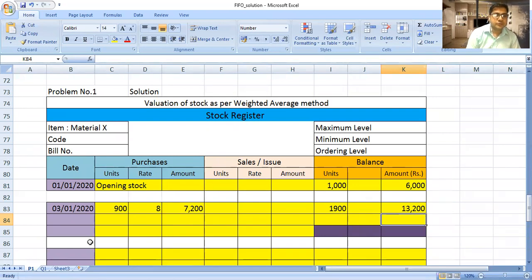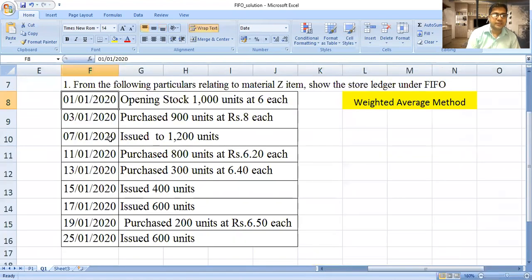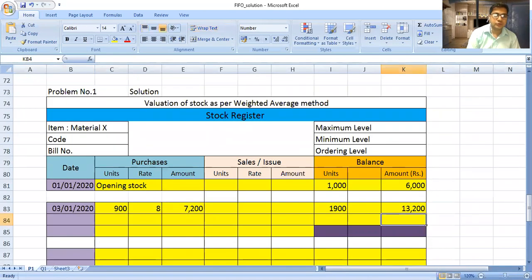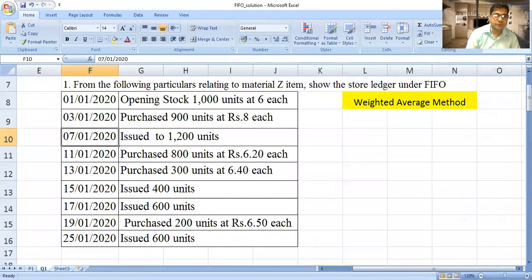After recording 3rd January's transaction, next on 7th January, they issue 1,200 units. So we will write here 7th January 2020. How many units do they sell? 1,200.